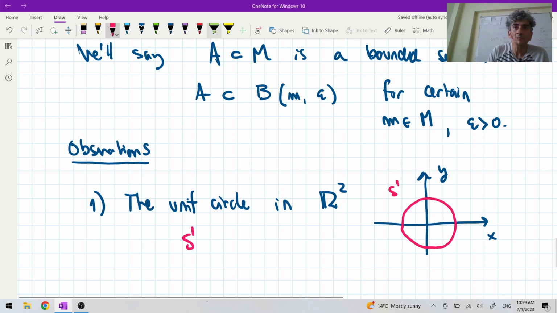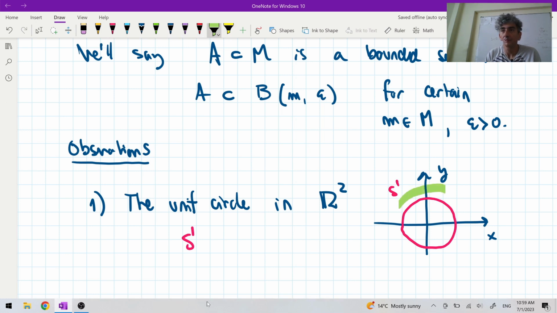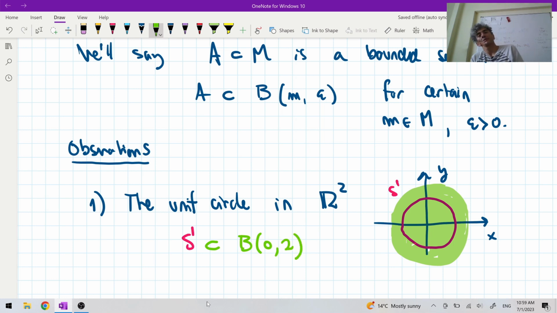Well, this is a bounded set because it can fit inside some ball of the space. This is a subset of a ball centered at 0 of radius, say 2. So since we found a ball centered at some point in the space with some positive radius and it contains S1, then S1 needs to be a bounded set.